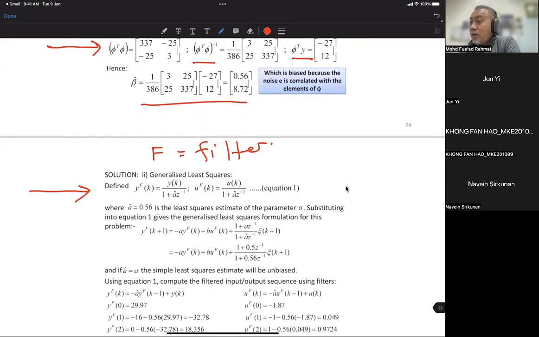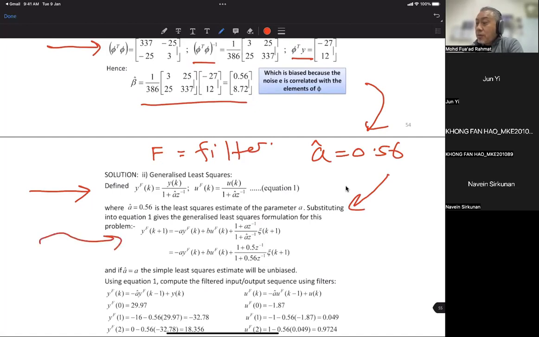So we use the value of A. The value of A here is 0.56. This value comes from the simple least square; it is the least square estimate of the parameter A. Substituting into the equation gives the generalized least square for this problem as follows: minus A YFK plus UFK plus the stochastic part.